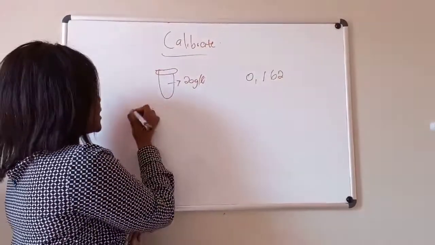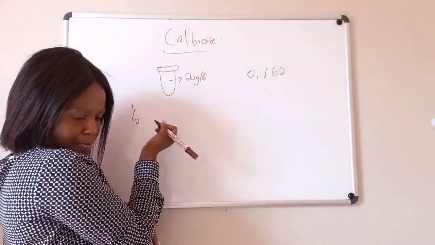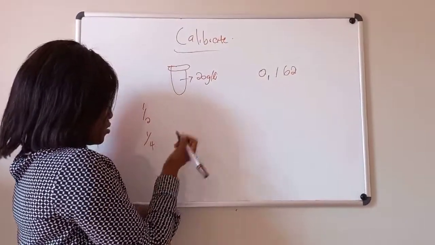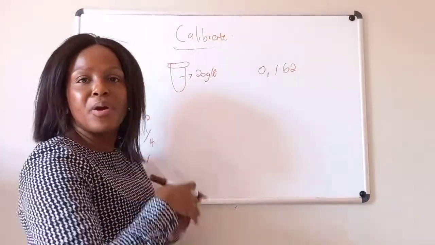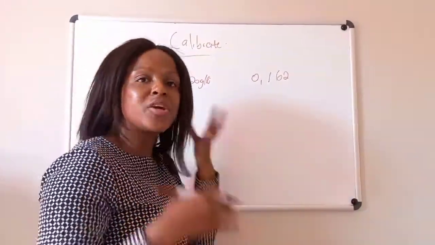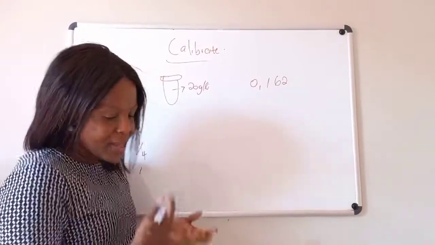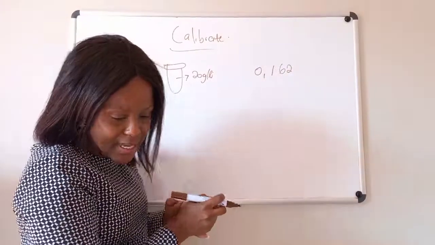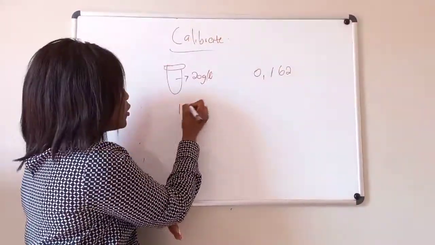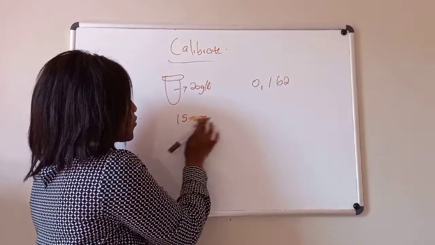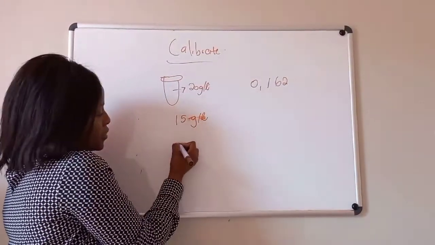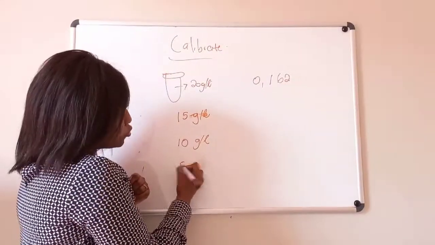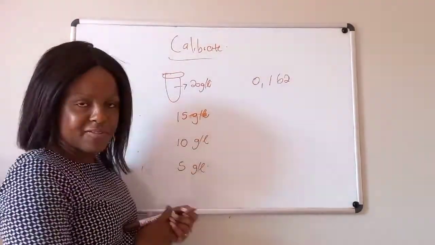Now in this case, the instrument will do dilutions. Let's say it does a 1:2 dilution and a 1:4, and maybe a 1:10 and so on, depending on how it has been set up. Then let's say you get values for those dilutions: 20 grams per liter, then 15 grams per liter, then 10 grams per liter, and then 5 grams per liter, for example.